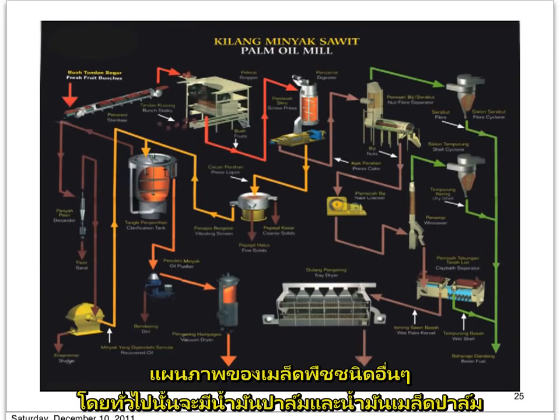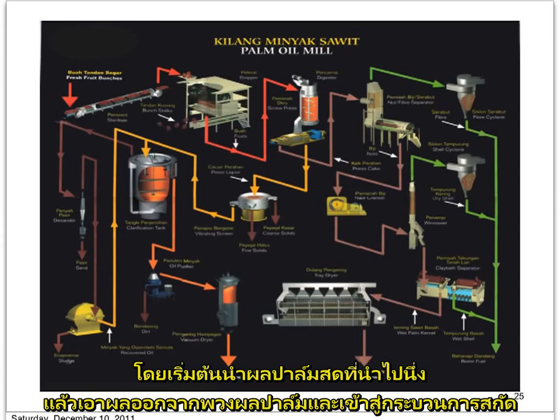And this is yet another flow chart. It looks more complicated, but basically it consists of the same stages to produce the crude palm oil and also crude palm kernel oil. So again, we start here.